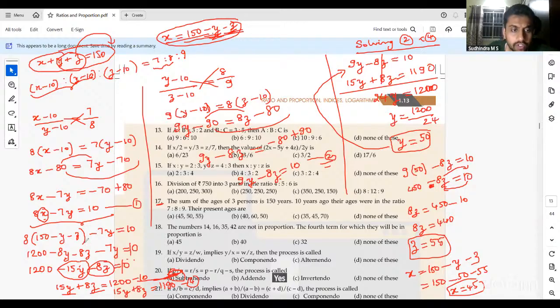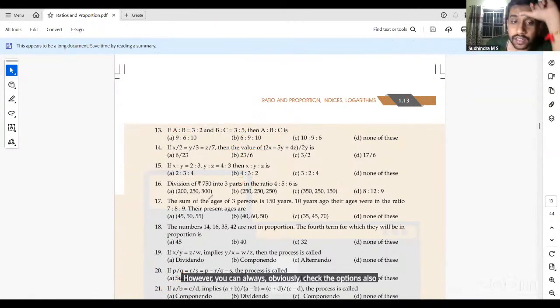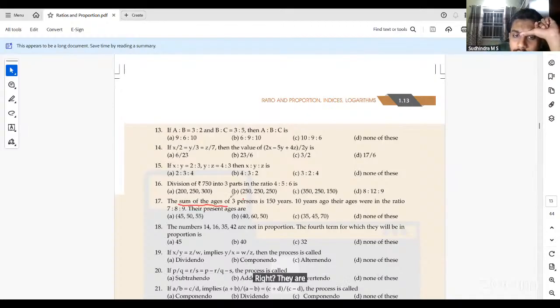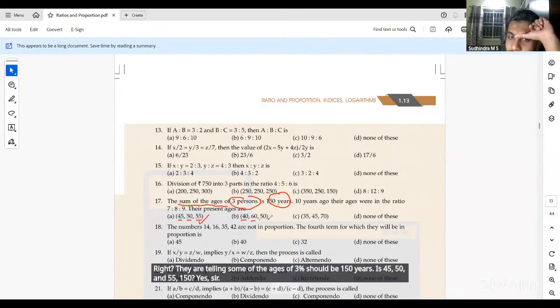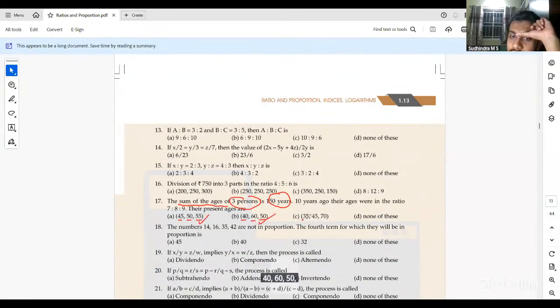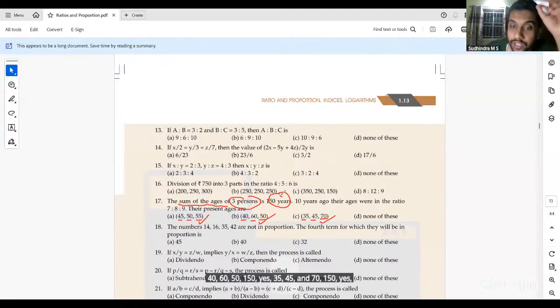So this is how you can solve it full-fledged. However, you can always check the options also. They are telling the sum of the ages of three persons should be 150 years. Is 45, 50 and 55 150? Yes. 40, 60, 150? Yes. 35, 45 and 70 150? Yes. All three are 150.